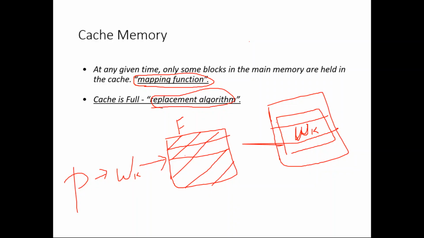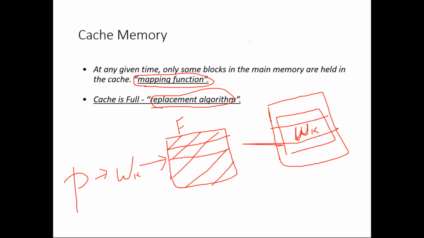There will be a mapping function from the main memory to the cache memory. Similarly, there will be a set of replacement algorithms. A replacement algorithm is needed because if the cache is full and the processor wants to access some particular word, then the entire block will be moved to the cache memory.